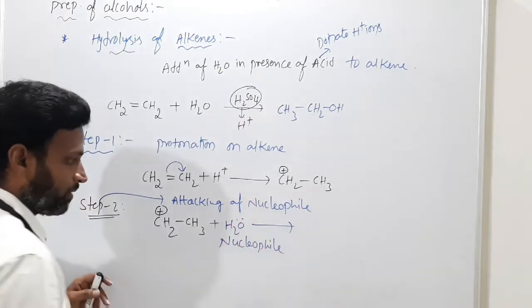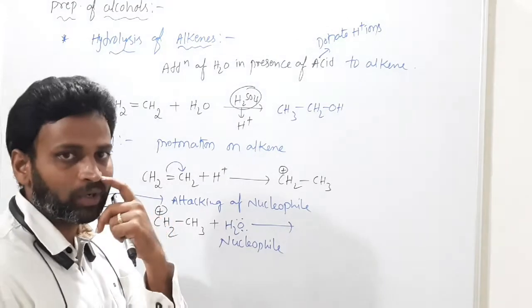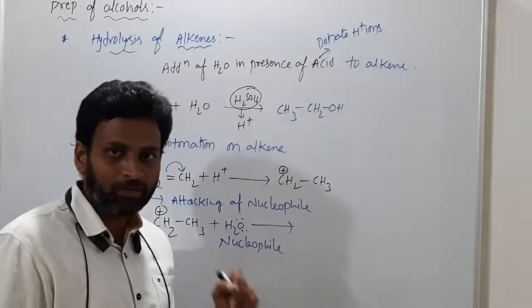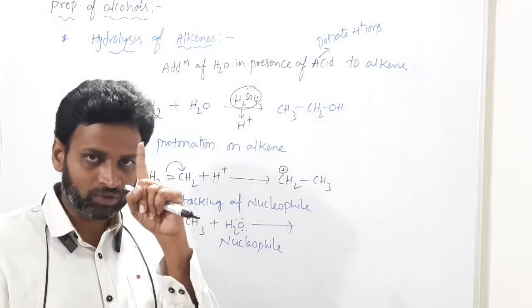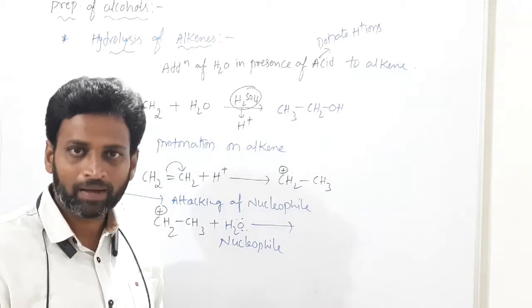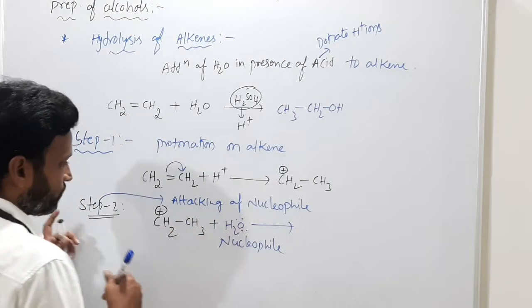Water is a nucleophile or not? Because it is a neutral nucleophile, example I have given. Because water has 2 lone pairs. Of course only one lone pair will donate. Okay. So the number of dative bonds that can be formed by one particular atom is a maximum of only one, even if 3 lone pairs are there. Understanding? So this is very important. So water will add on this positive carbon.